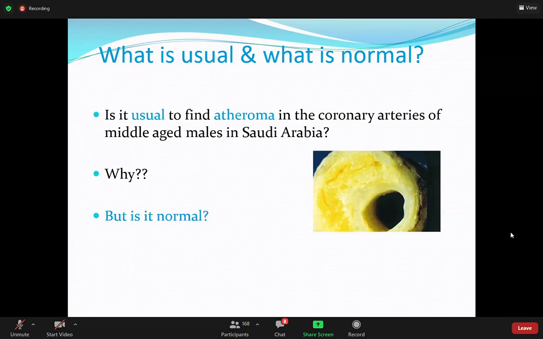And why do we see it here in the Saudi population? They are common here. Why? Because here we used to have a lot of fat, butter, laban, and labna, I don't know what fatty things. And we have a lot of junk food also.